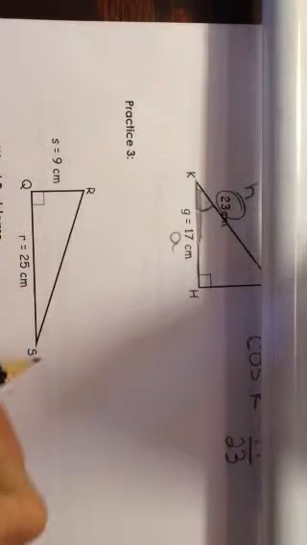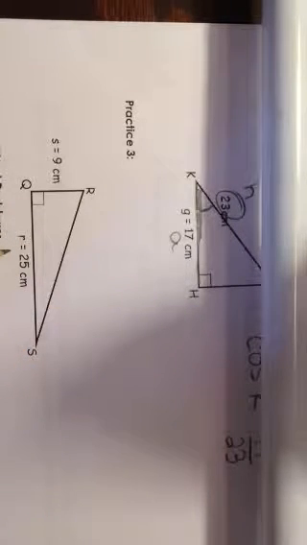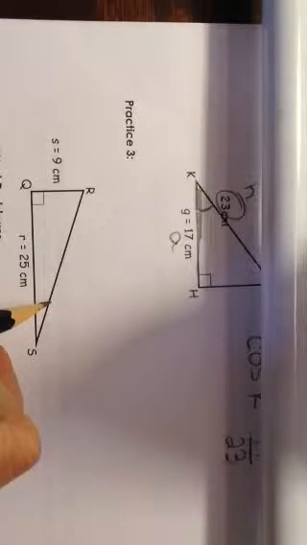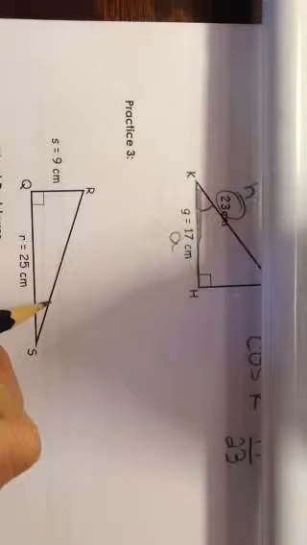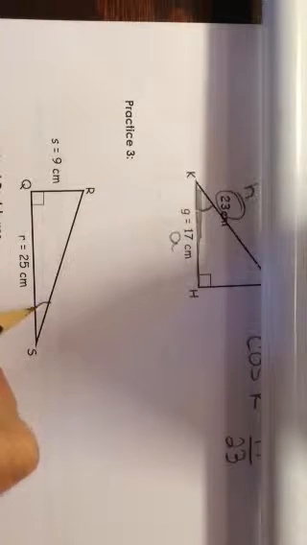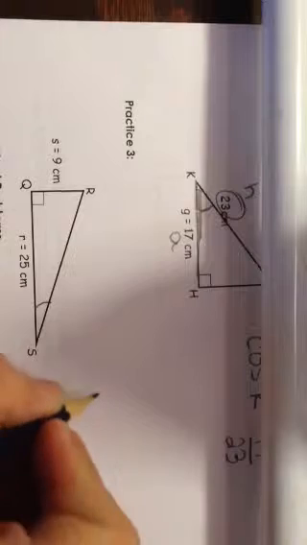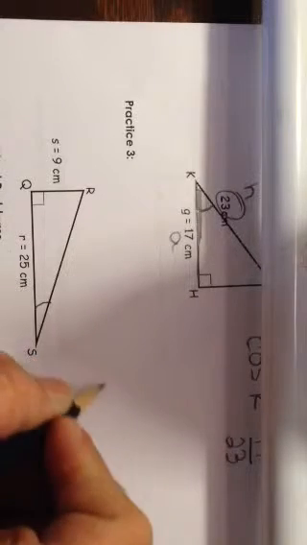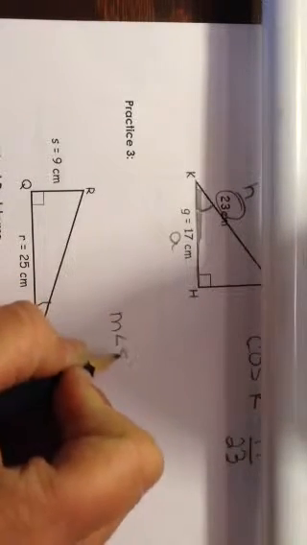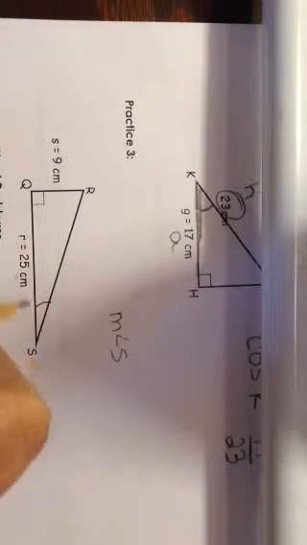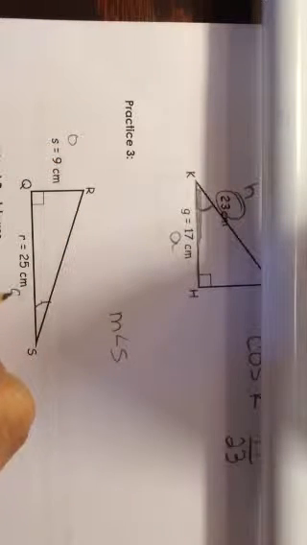Number 3. I guess it wants us to find angle S. So, angle S, so the measure of angle S. If we're standing here, we know opposite and adjacent.